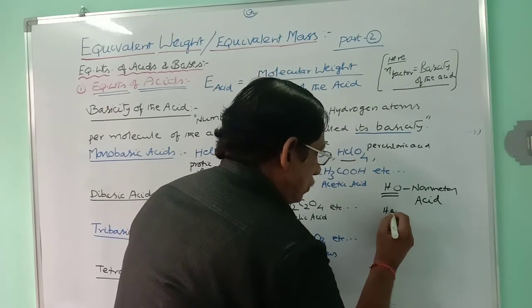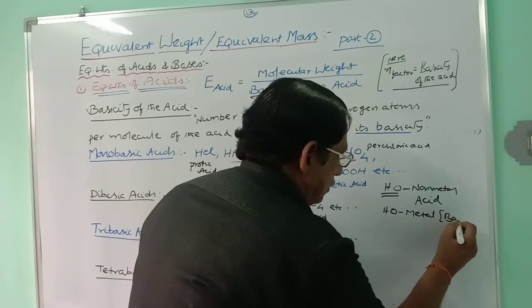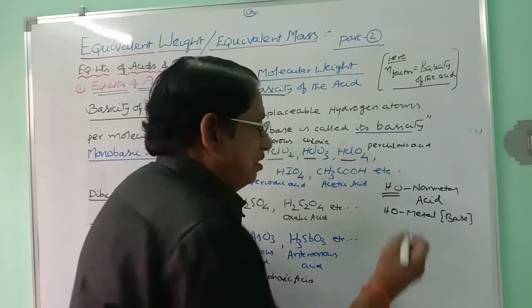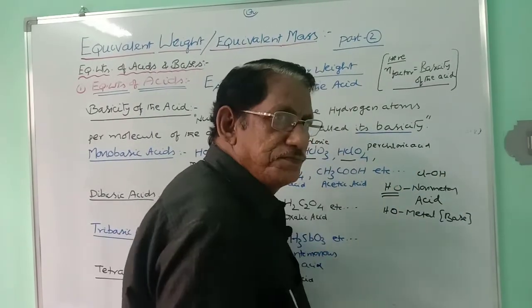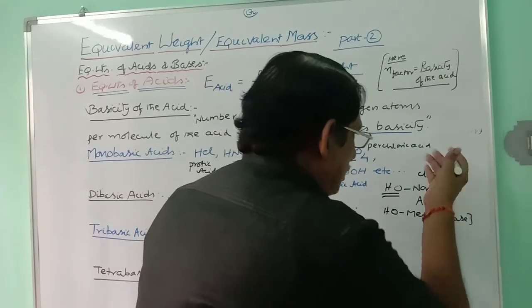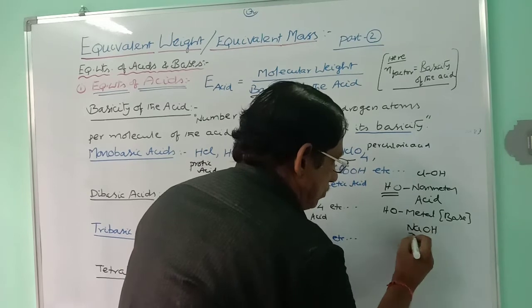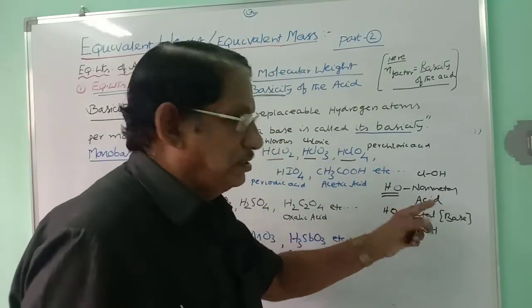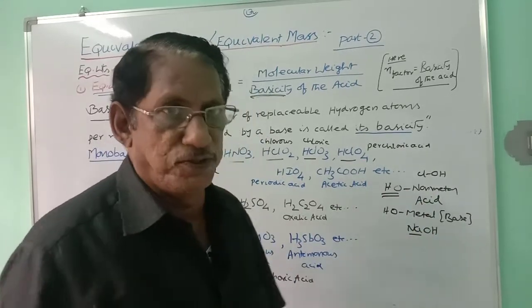Whenever OH group is attached to a metal, then it becomes a base. Here you can take the example, ClOH, hypochlorous acid. It is an acid. NaOH, OH group is attached to metal, it is a base. So OH group attached to non-metal is acid, OH group attached to metal is a base. This is a general principle.